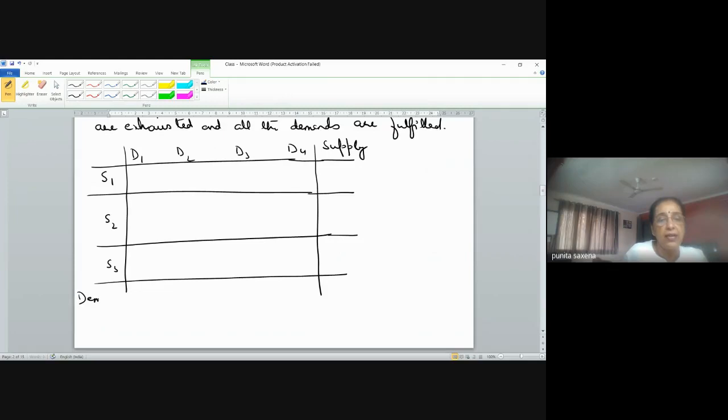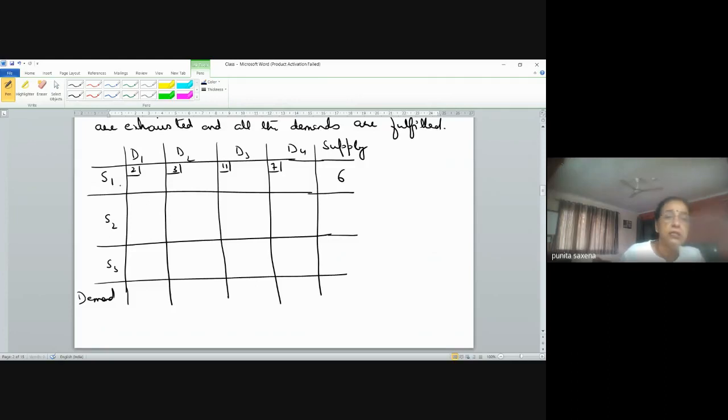We have the supply and we have the demands. Now we have to write the table again and again. It's okay. 2, 3, 11, 7, and the supply was 6.